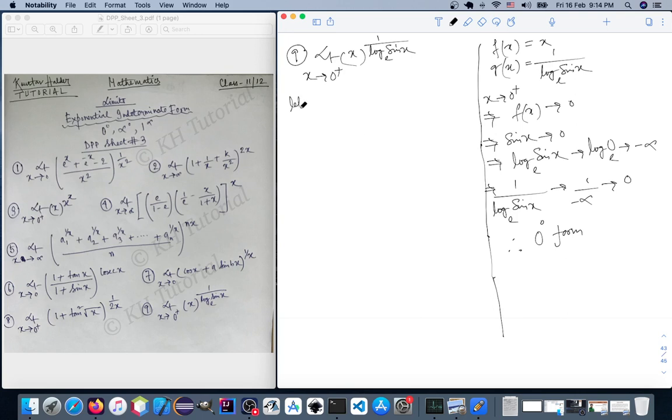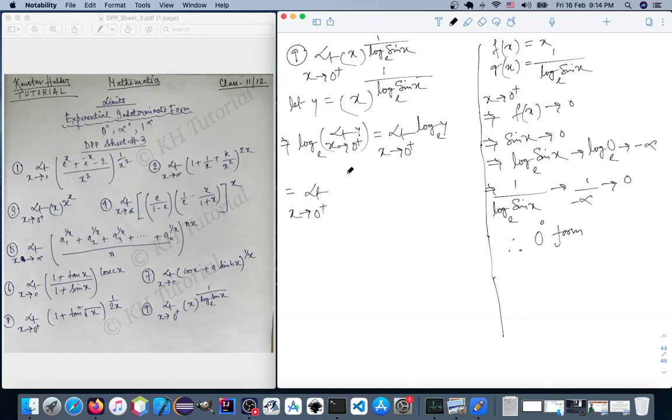So we have to proceed with the general method for solving exponential indeterminate limit. So we let y equals x to the power 1 by log e sin x, which implies log of limit x tends to 0 positive y equals limit x tends to 0 positive log of x to the power 1 by log e sin x.